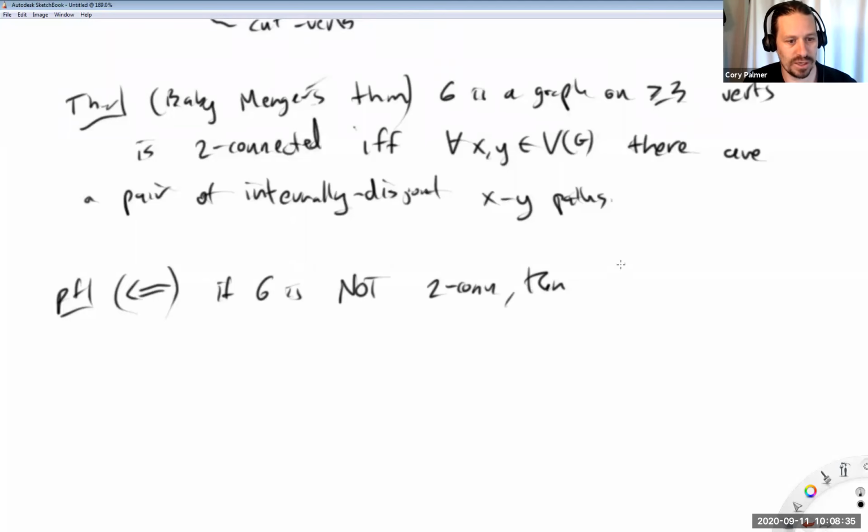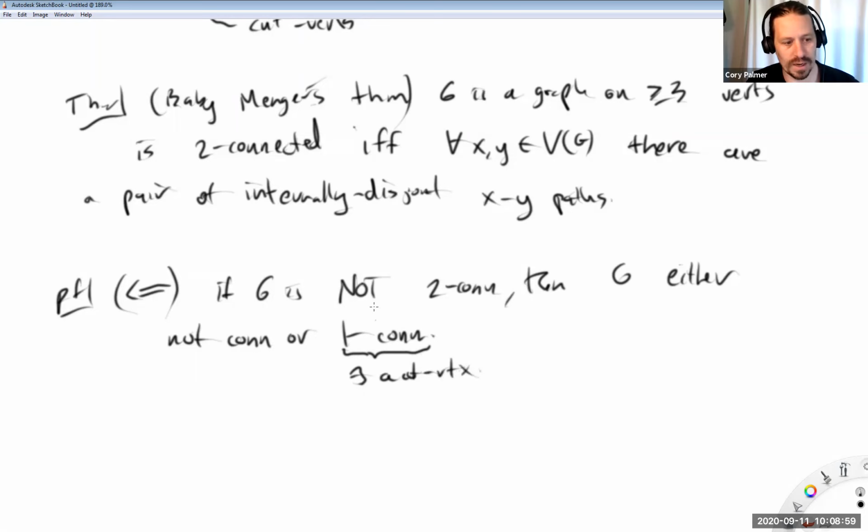Let me flesh it out: either not connected, or it's 1 connected only. And actually, I don't even care about these 2 things. What 1 connected implies is that there exists a cut vertex.